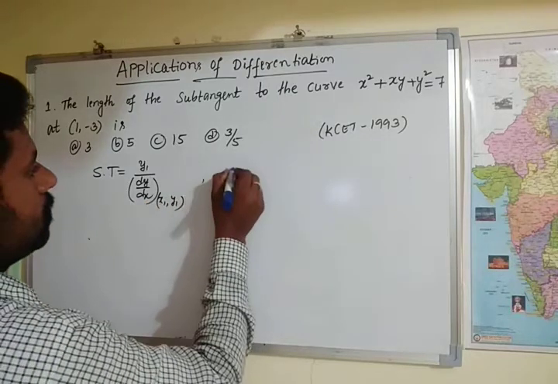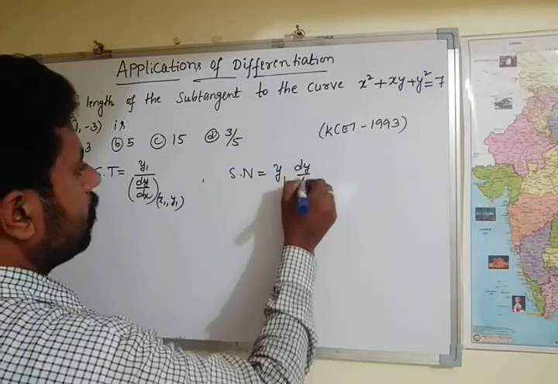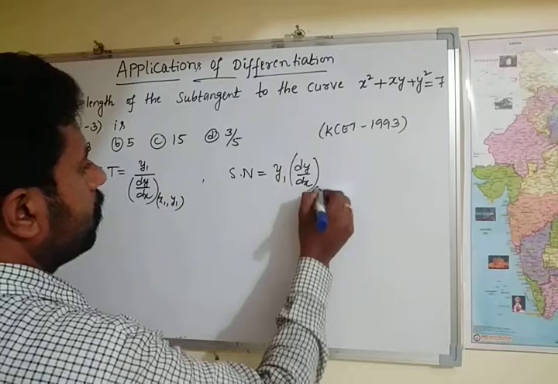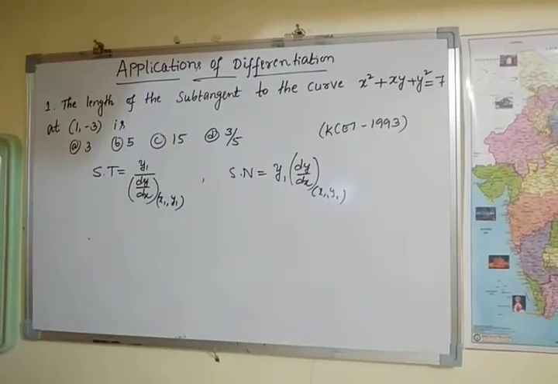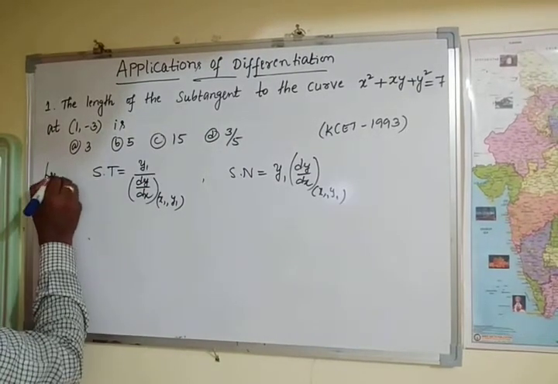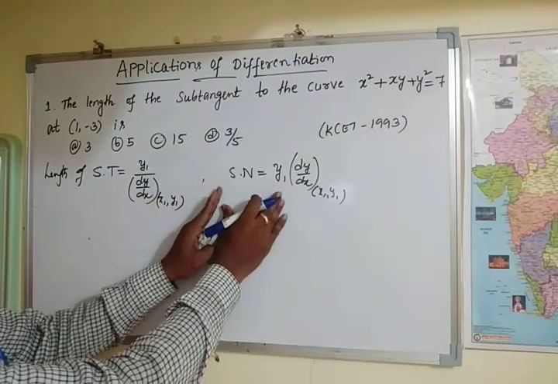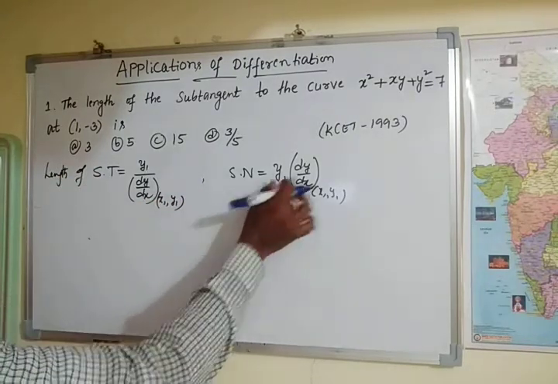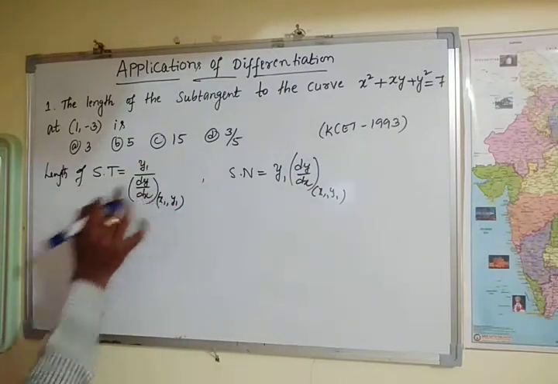Subnormal formula: subnormal is equal to y1 into dy by dx at the point (x1, y1). Y1 into dy by dx is the subnormal. Length of the subtangent is y1 divided by dy by dx at (x1, y1).